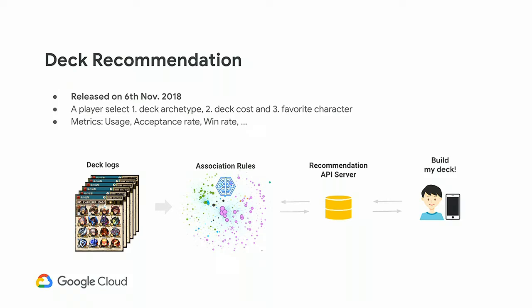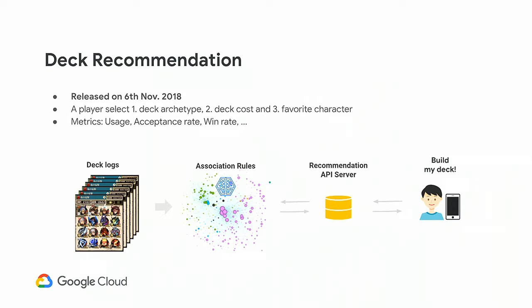So let's see how each of these use cases works. This is a rough overview of the deck recommendation system. We first exploit preprocessed deck logs to extract information about how characters are associated, which we call association rules.